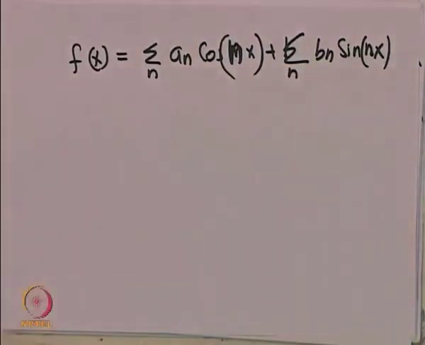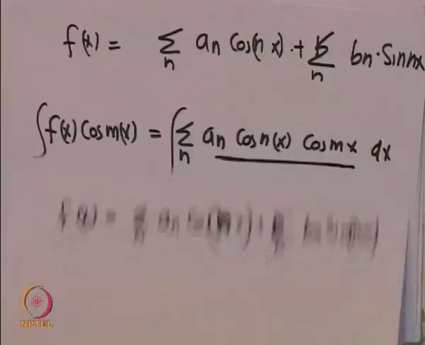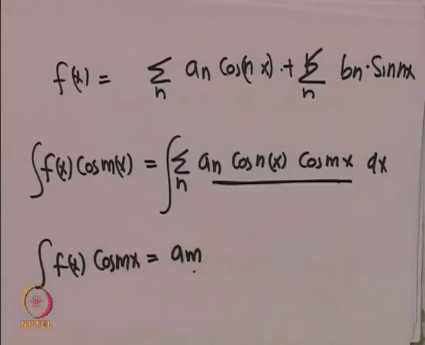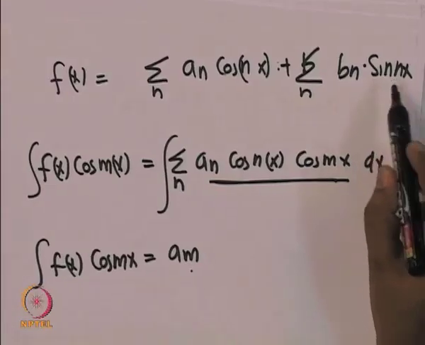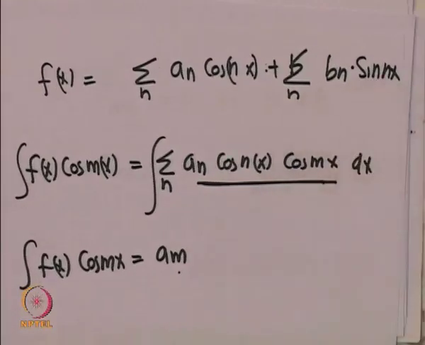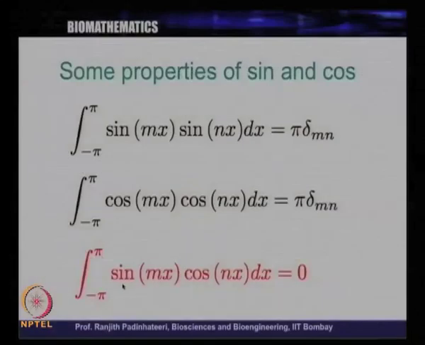In the previous case, we also used one more property. When you multiply with this cos, sin and cos will be multiplied here, and it turns out that the sin cos product, as you see in this slide, the integral of sin mx cos nx is 0.